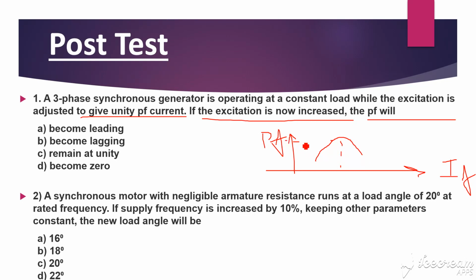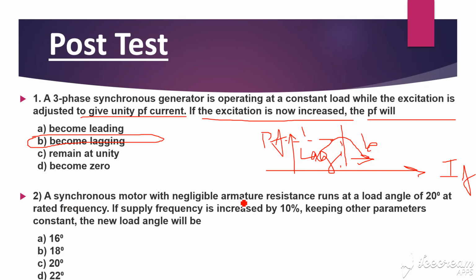After unity power factor we are increasing the excitation, and in this region the power factor values reduce. This side is lagging and this side is leading power factor. So the answer is that the power factor will be lagging. This region is lagging, and here it is leading.